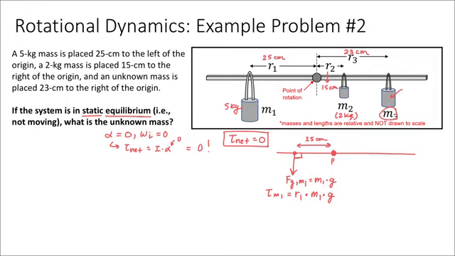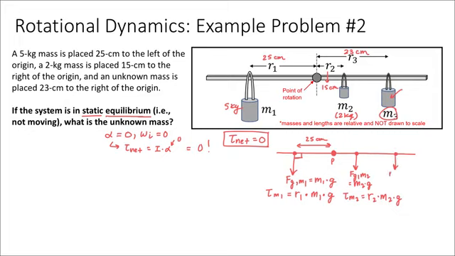So I can do the same thing for mass 2 and mass 3. If this is mass 2 right here, then this is going to be the force of gravity on mass 2 that's pulling on the rod. That would be equal to m2 times g. So the torque produced by mass 2 would be the lever arm, or the distance from the center, multiplied by m2 times g. And same thing here for mass 3.